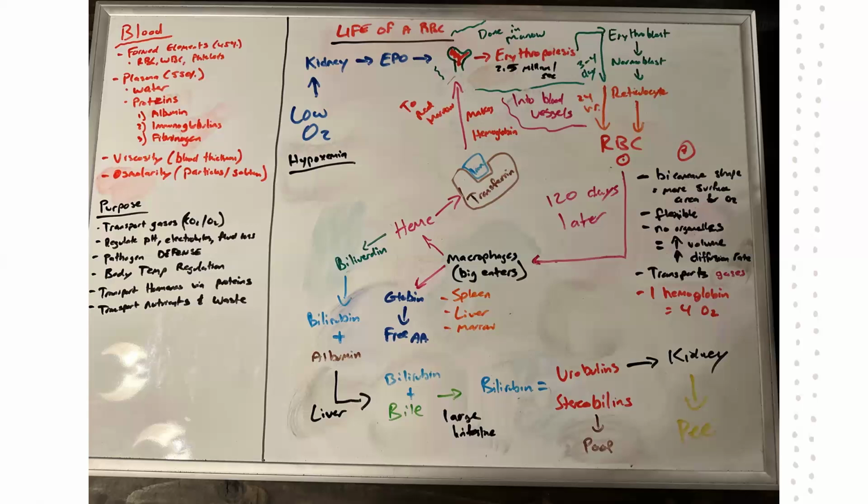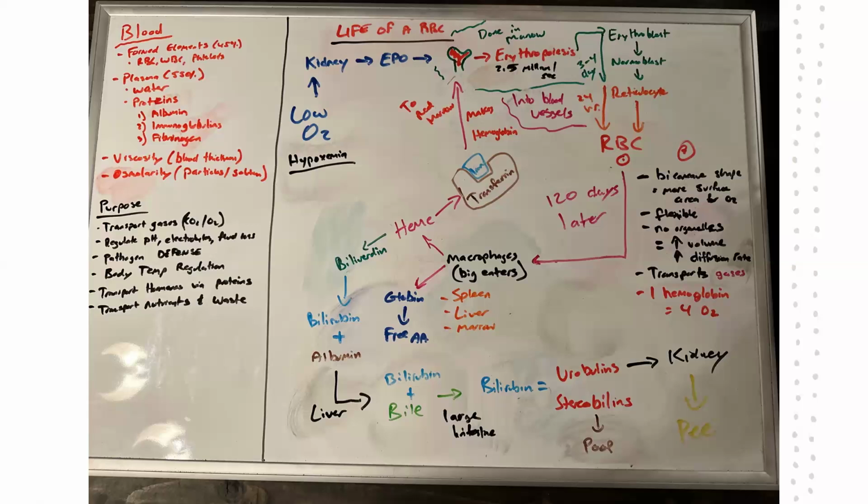So the red blood cell is going to start getting rid of its cell parts to make more room for stuff to hold oxygen and CO2. At the very end of the 4 day mark, you're now what's called a normoblast, and you have basically gotten rid of your nucleus, you've gotten rid of some of your other organelles, and you just have a few organelles left in the normoblast.